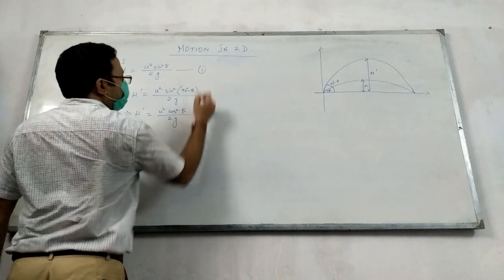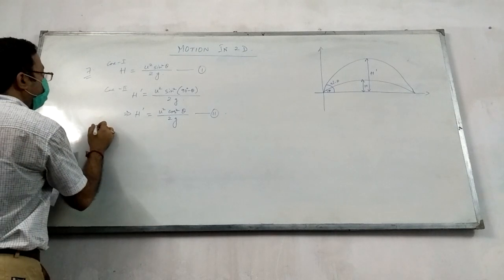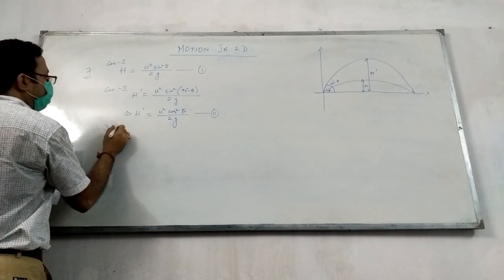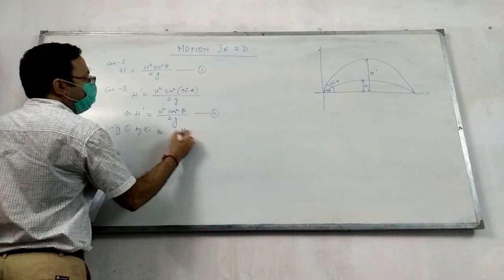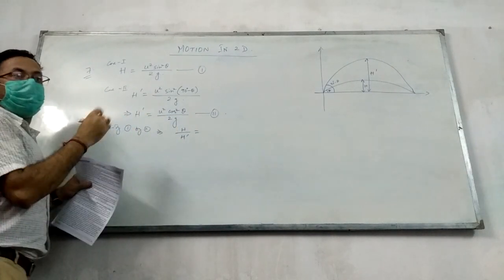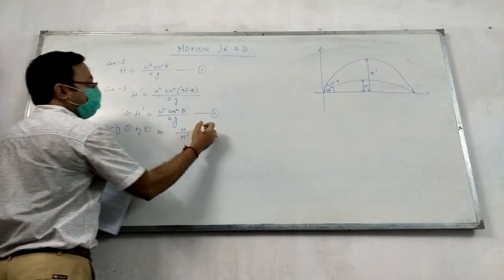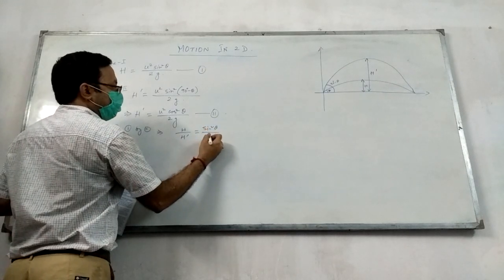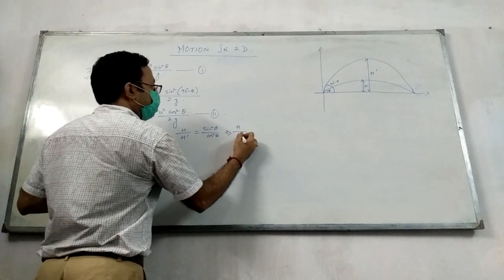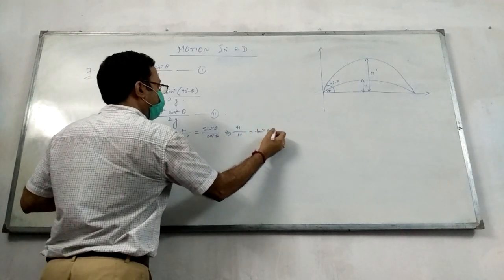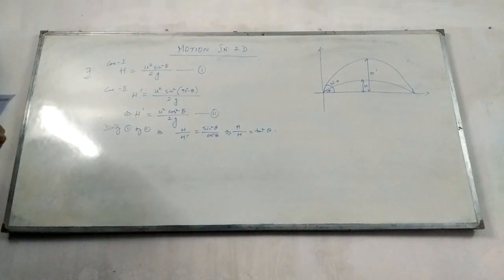So if I mark this as equation 1 and this as equation 2, then dividing 1 by 2, what do we get? H by H dash, and on the right hand side everything is the same, cancels off. What remains is sin square theta by cos square theta. That means H by H dash is equal to tan square theta.